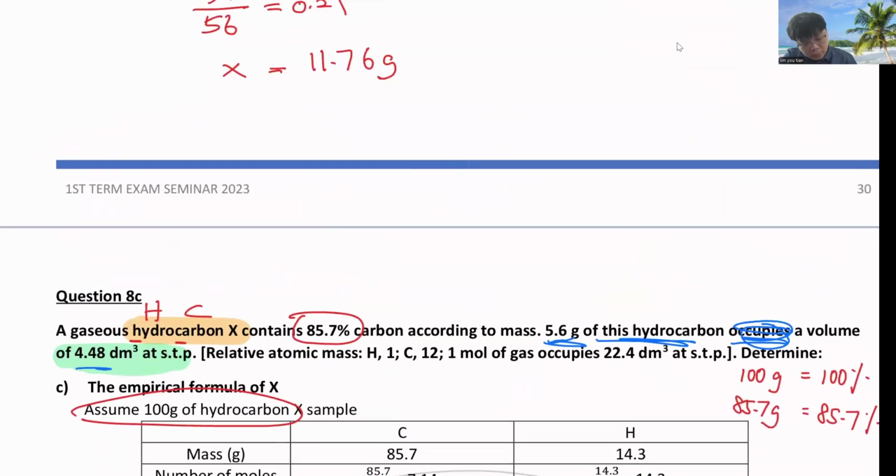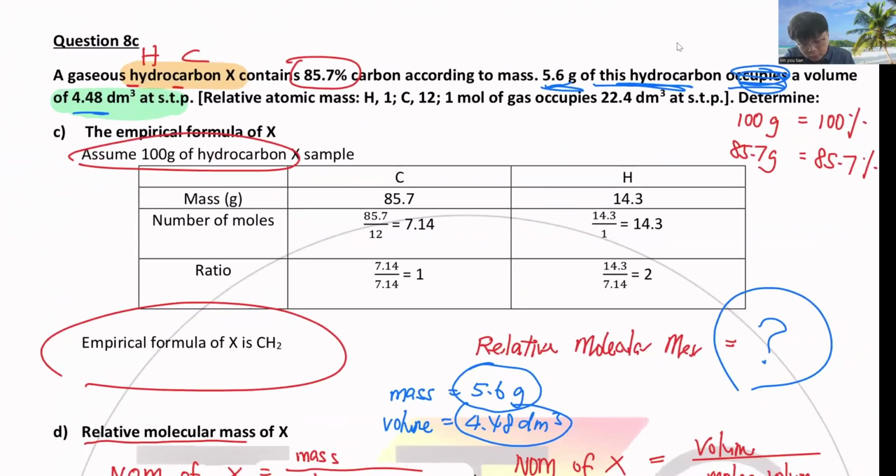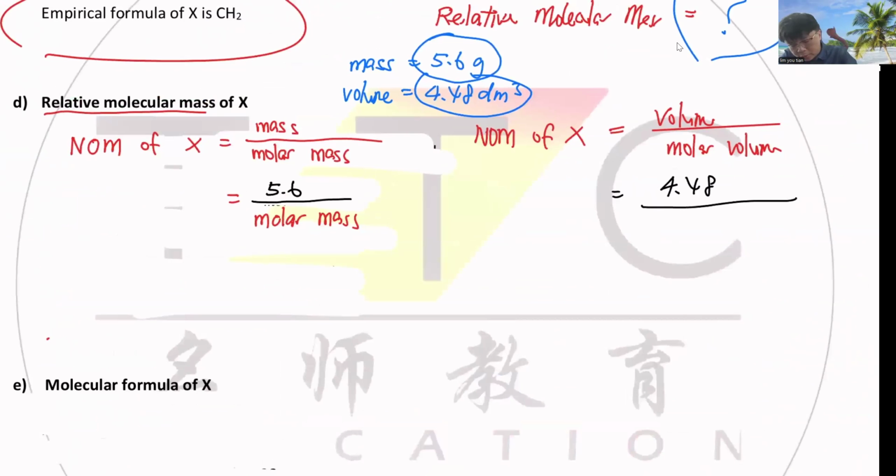We know the molar volume is 22.4 at STP. So you divide by 22.4. I calculate 4.48 divided by 22.4. I will get 0.2 mole. Then I bring it over here, 0.2 mole.